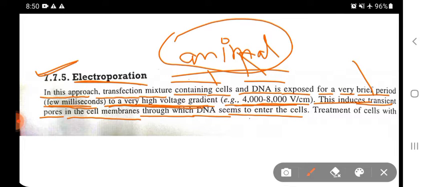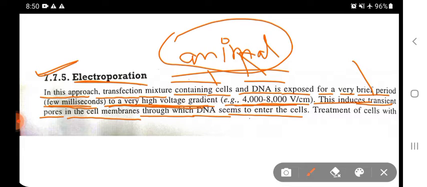Well, the same thing has been mentioned here in electroporation. Directly it is saying that in the electroporation technique we use a buffer mixture containing the target animal cells and DNA. If you want to write plant cells, then instead of animal cells you write plant cells.